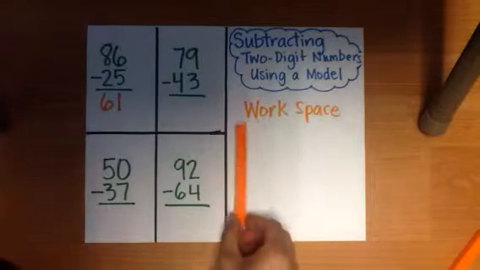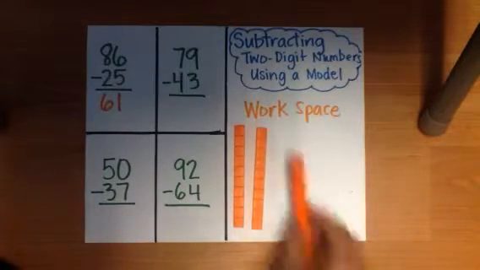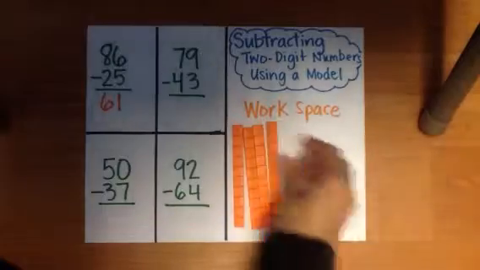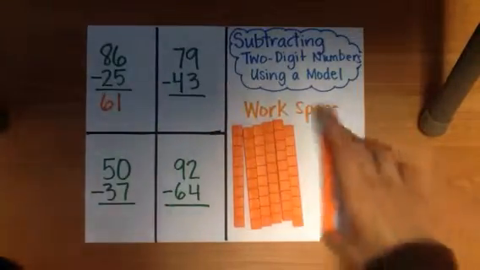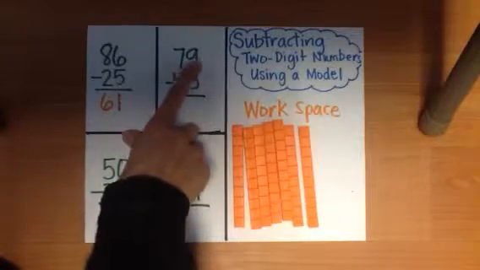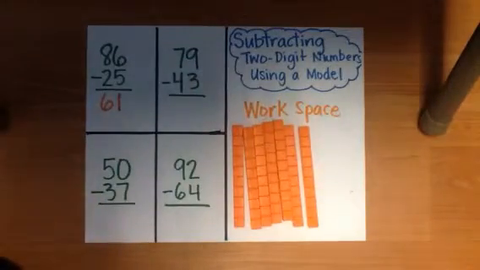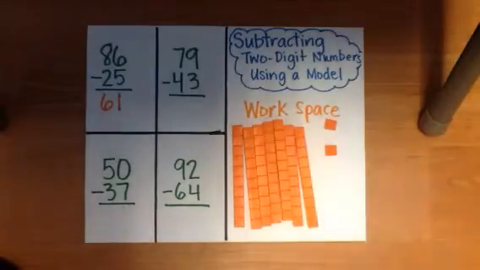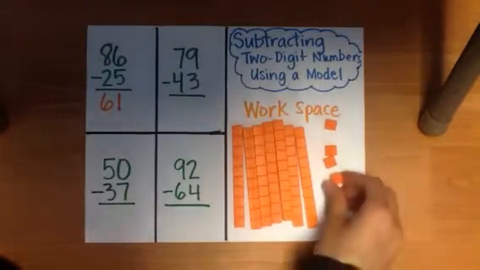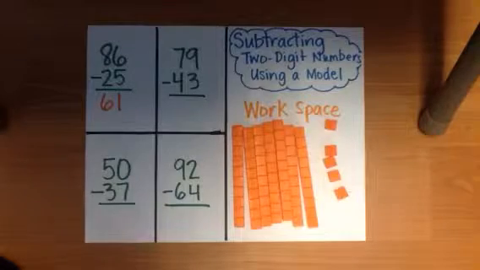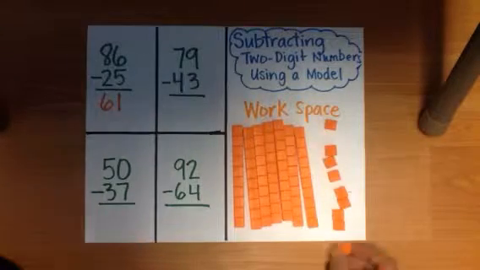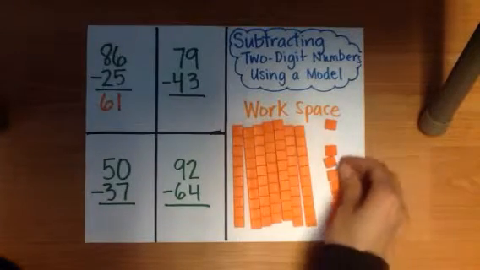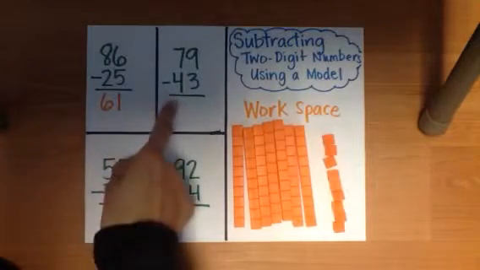So count with me. 10, 20, 30, 40, 50, 60, 70, and then I'm going to need 9 ones to make 79. 1, 2, 3, 4, 5, 6, 7, 8, and 9. Let me straighten them up a little bit. All right, now I have my 79.